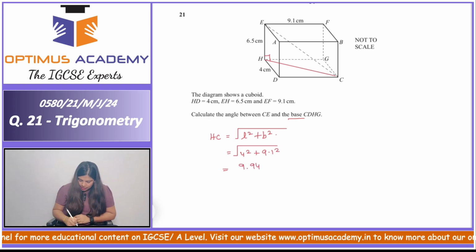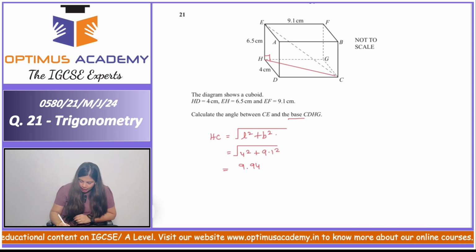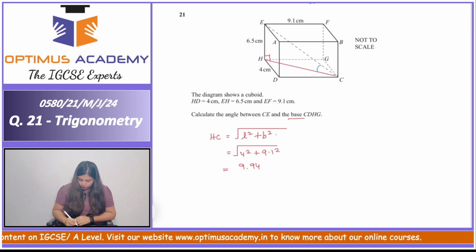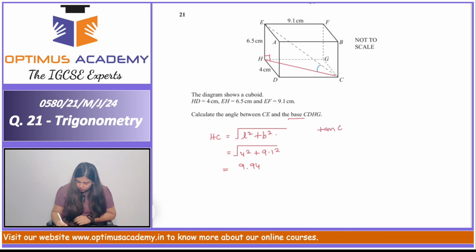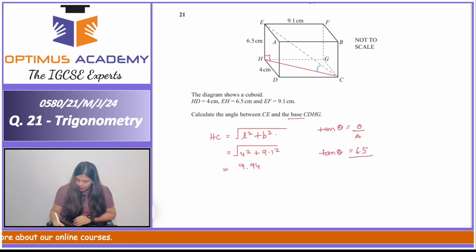Now we can use tan to find angle ECH. So opposite would be 6.5 and adjacent would be 9.94 that we have found out.